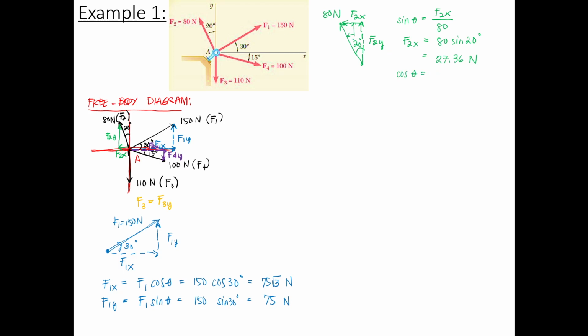So getting the other component, using the cosine function. Cosine is the adjacent of the angle, F2y, all over 80. So F2y is equal to 80 cosine 20 degrees. The answer for this one is 75.18 newtons.